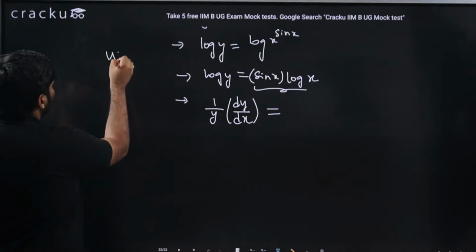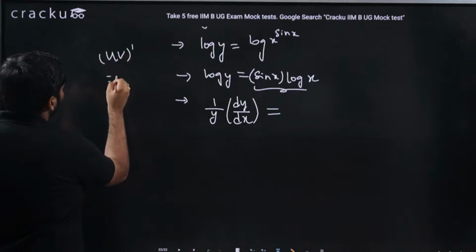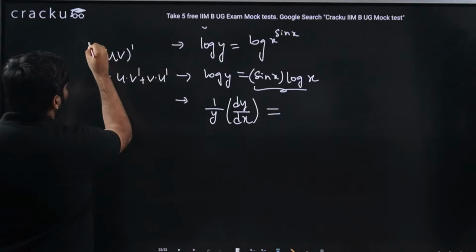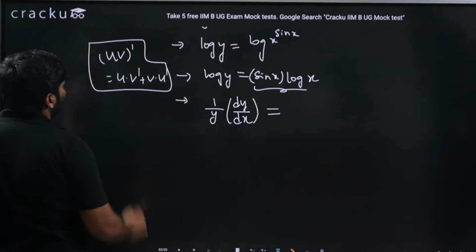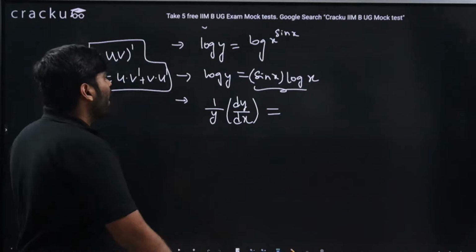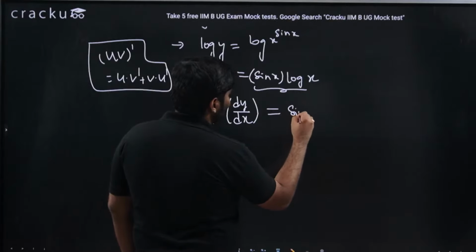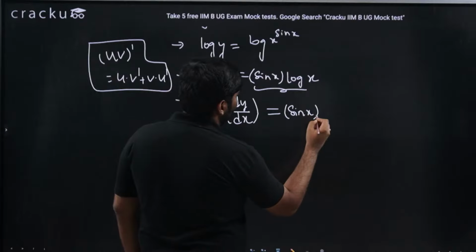We know uv differentiation is nothing but u into v dash plus v into u dash. This is what it is, uv rule or Leibniz rule or product rule. So first I'll write sin x as it is and differentiate log x with respect to x.